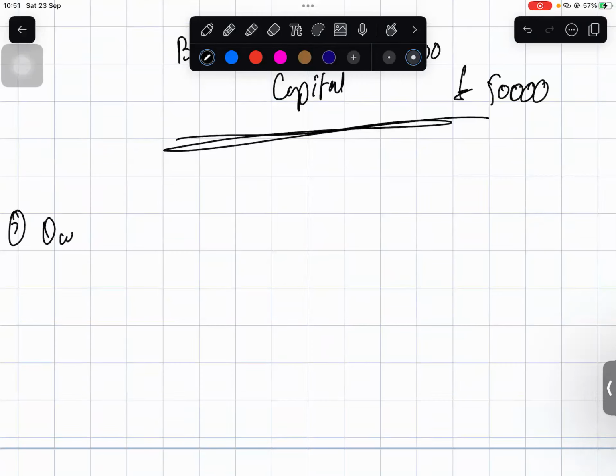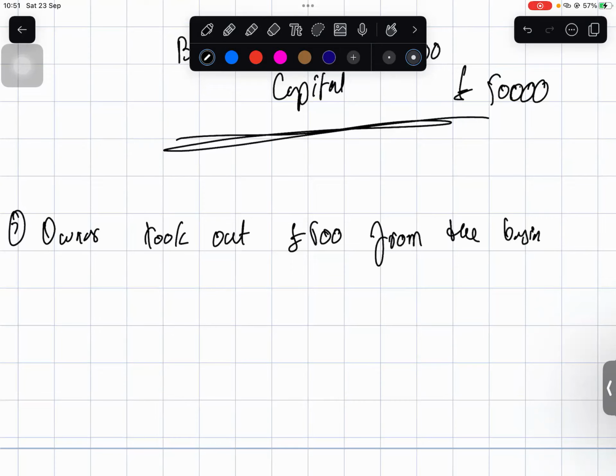Absolutely. And let's do an example for drawings as well. So owner took out £500 from the business bank account for personal use.